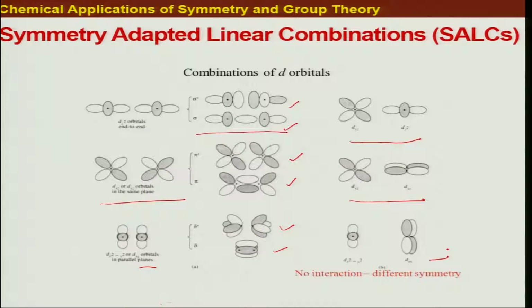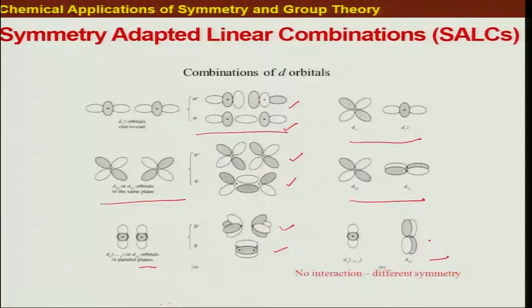Now we need to find out which orbitals in a given molecule can form a linear combination to give rise to molecular orbitals, meaning the orbitals that are formed should comply with the symmetry of the molecular point group, right? So how to find that out?